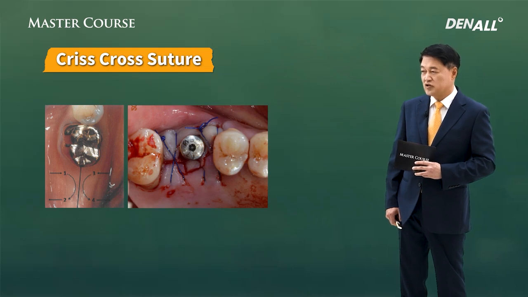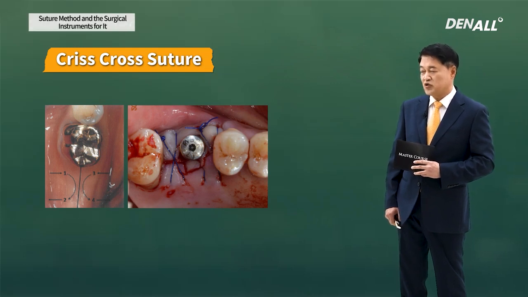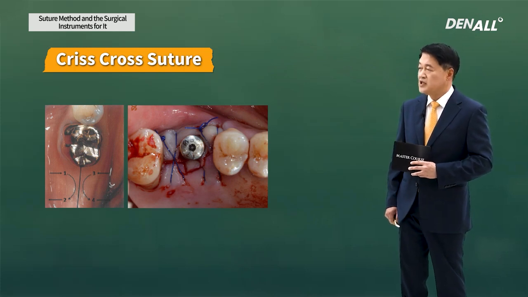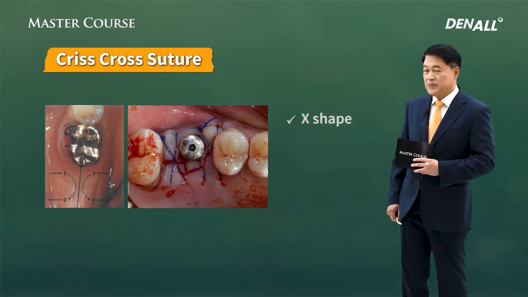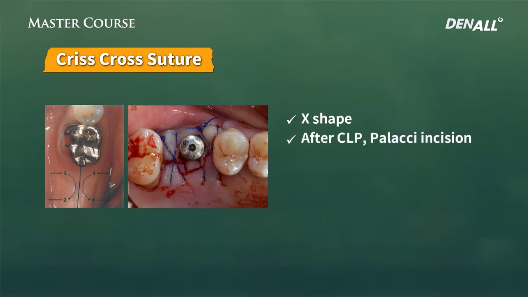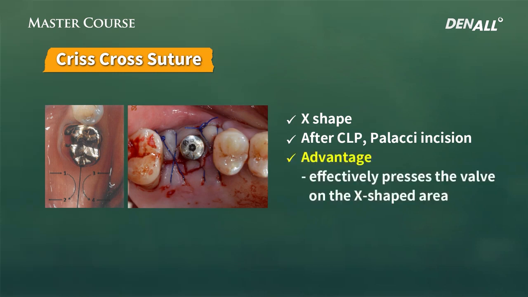So the silk goes through the outer line and presses the flap. And this suture is mostly used in doing CLP or after the palatal incision to fix it in position. So the advantage is it perfectly presses the flap on the X-shaped area.